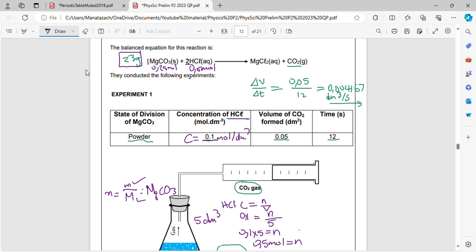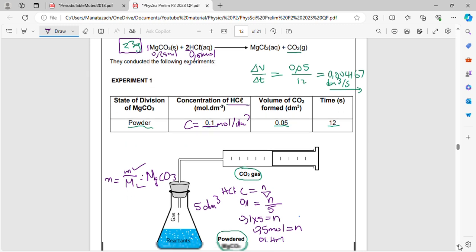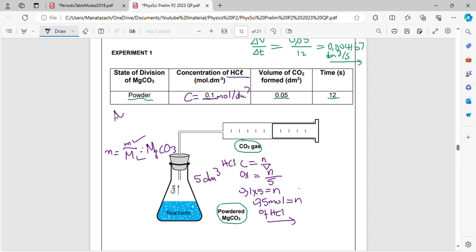I'll calculate the molar mass separately. The molar mass for magnesium carbonate is 24 plus the carbon, which is 12, plus the oxygen, which is 16, and we've got 3 oxygen atoms, so I'll write a 3 here. Calculating that, 16 times 3 plus 12 plus 24 gives me 84. The unit is grams per mole of magnesium carbonate.